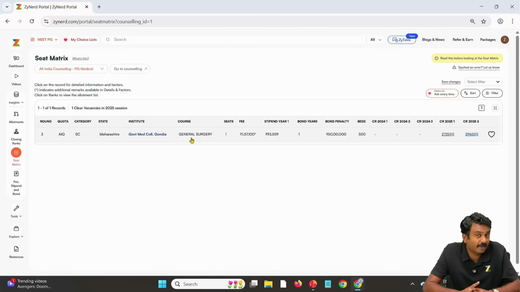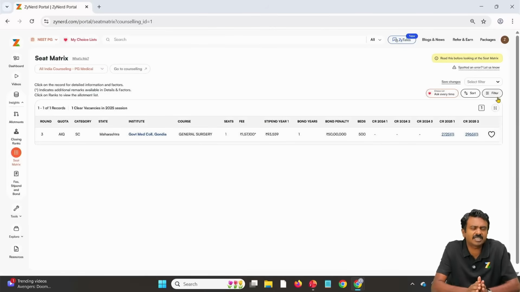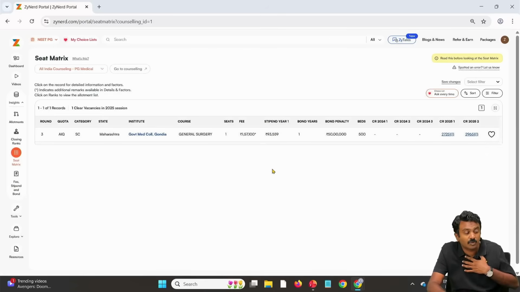There might be a possibility that this seat might get converted to another category. Let us say it is a single ST seat, there might be a higher chance. Usually those conversions do happen. So if you are a general category candidate, SC might get converted to general category in case nobody picks up that seat, and you should be ready for it. So don't miss out such choices which are only available in SC.